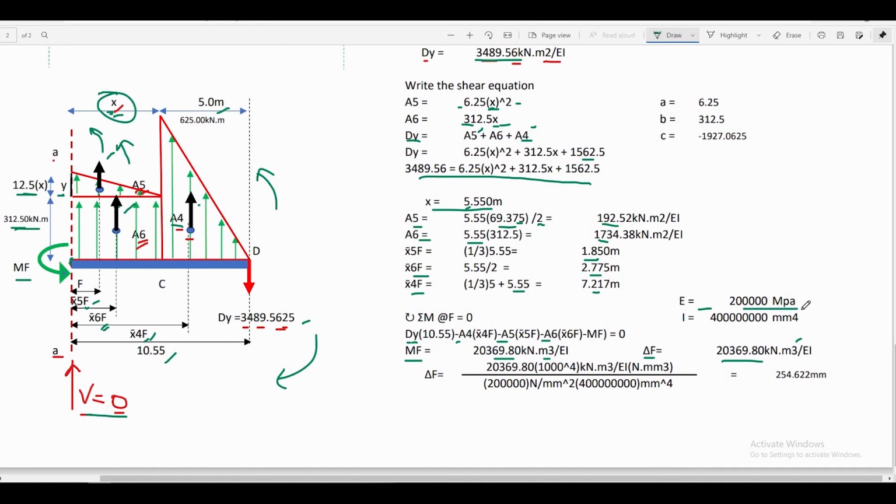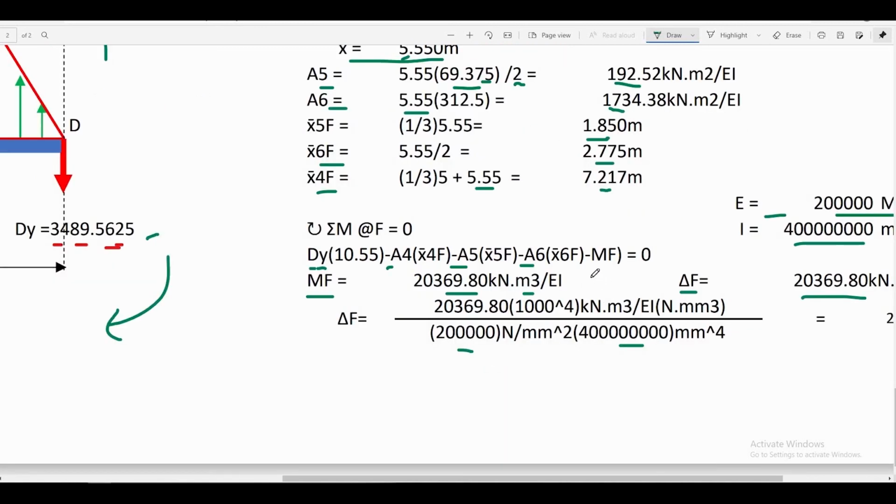Since E is equal to 200 megapascal and I is equal to 4 multiplied by 10 raised to 8 millimeter raised to 4, we can replace now the value of E and I in our equation. To be consistent, we have to convert kilonewton cubic meter into Newton cubic millimeter by multiplying 1000 raised to 4 in our equation.